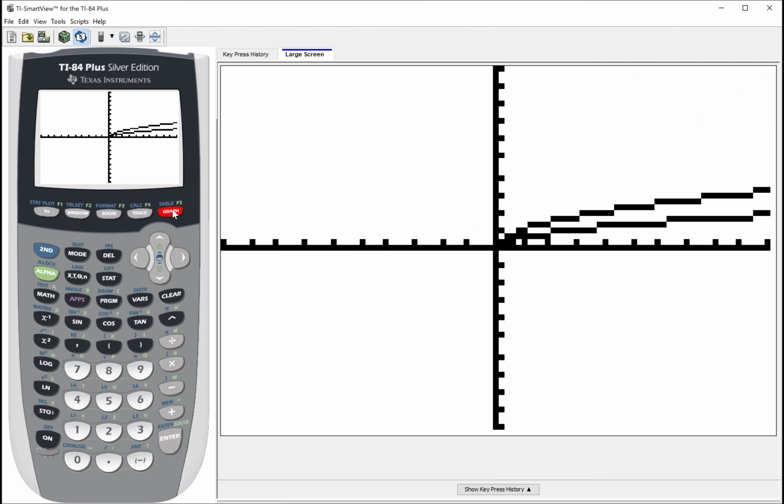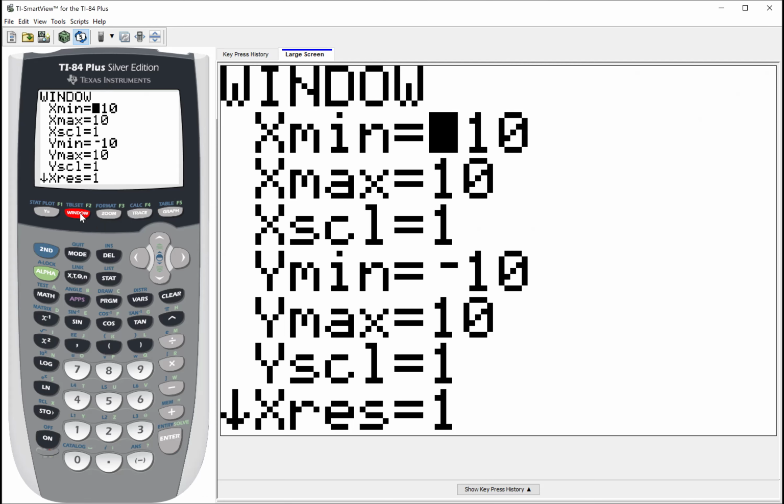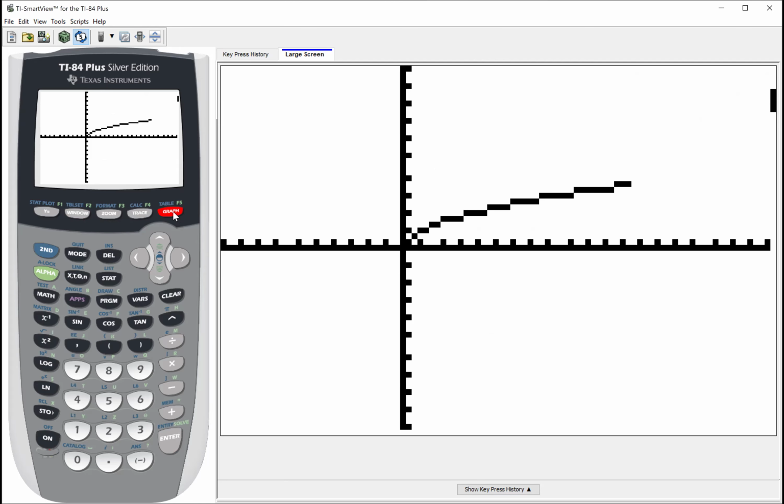And you know what we could do? We could make the window go to x equals 20, just so we could see a little bit more to the right. So there's square root of x, and there's square root of 1/3 x. So you see, it's like taking the square root of x, but horizontally stretching it.